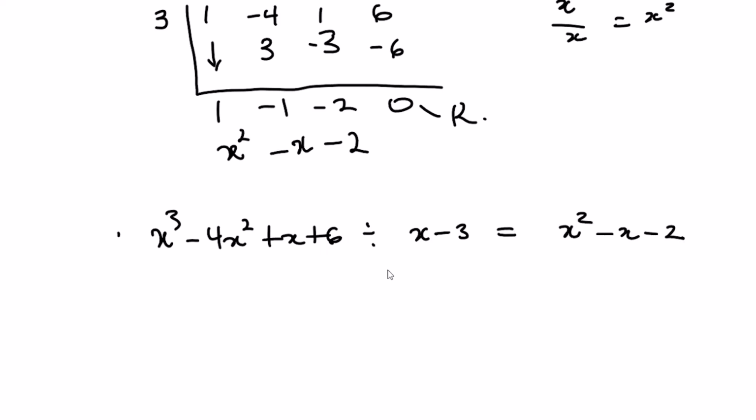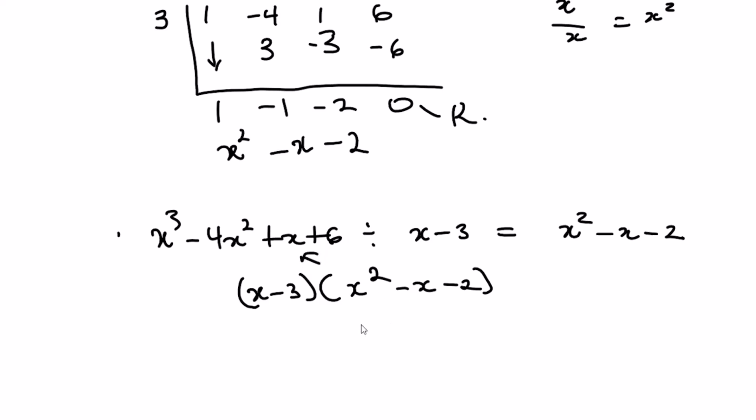Now, it means that when we take x minus 3 times x squared minus x minus 2, it should give us the polynomial back.